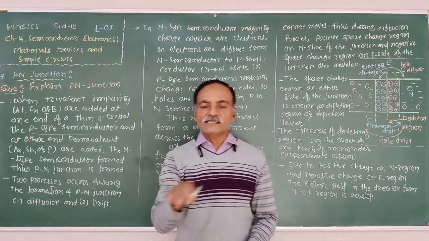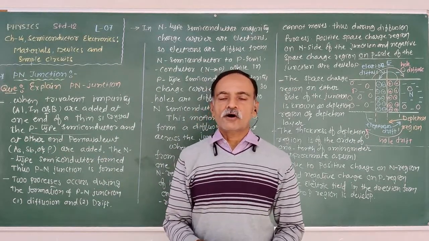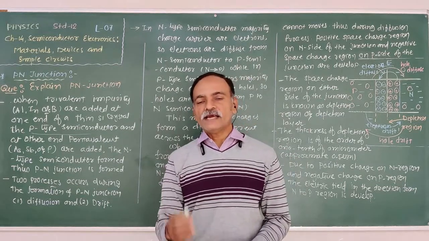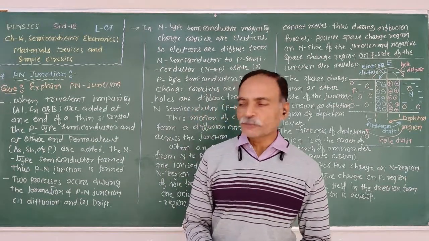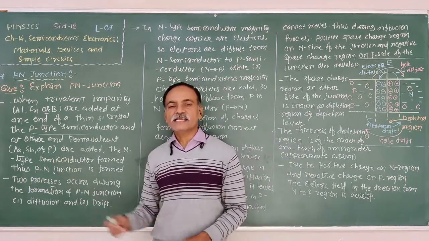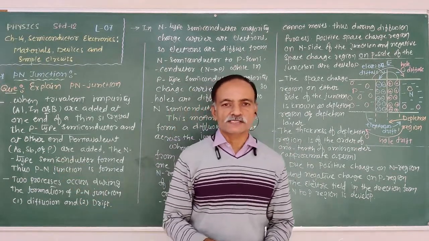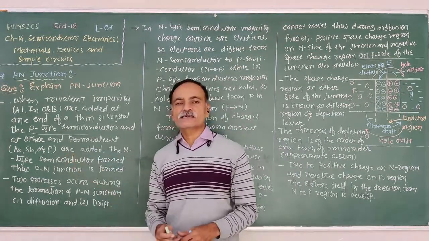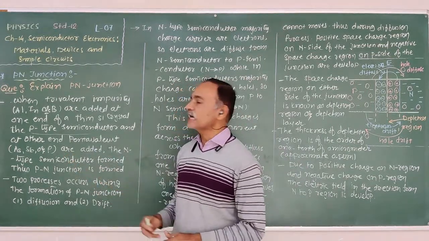While at the other end of the same silicon crystal wafer, we add pentavalent impurities like arsenic, antimony or phosphorus. So this end of the silicon crystal acts as the N-type semiconductor.